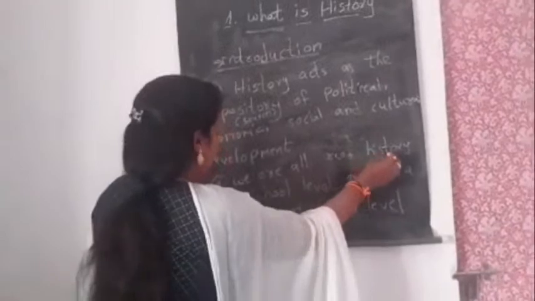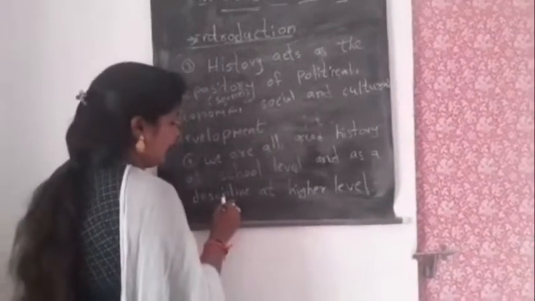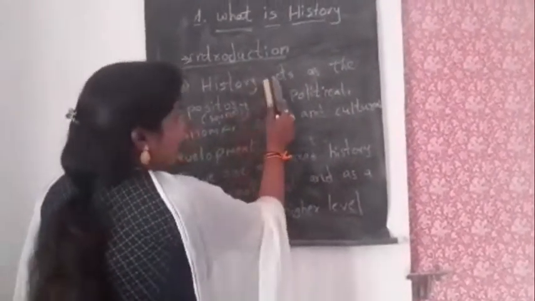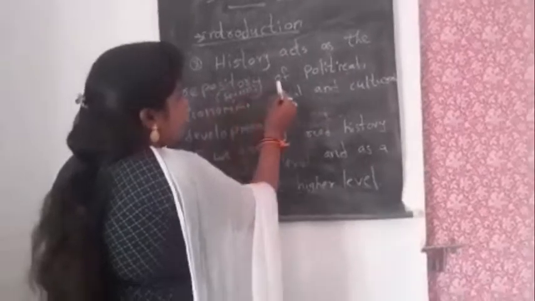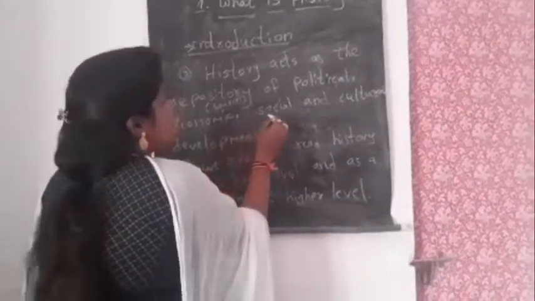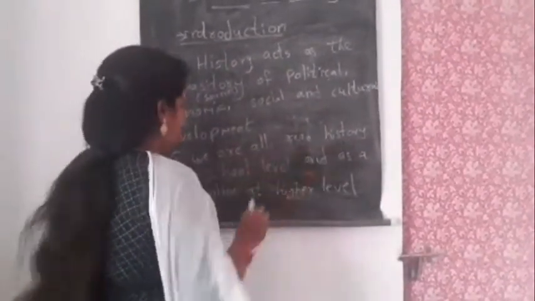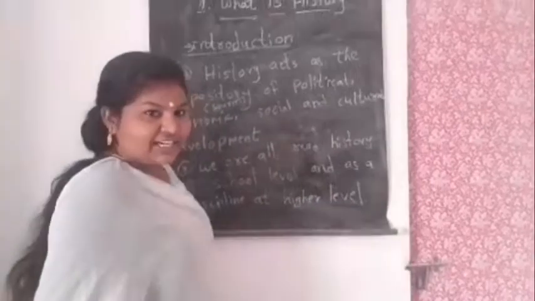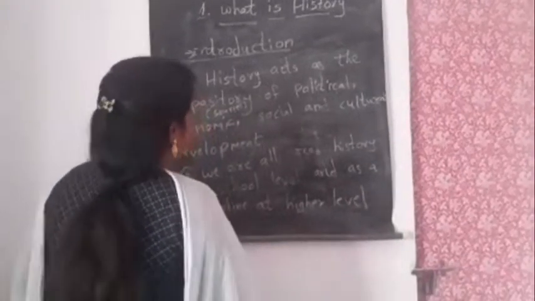We all read history at school level and as a discipline at higher level. Third point, history acts as the repository of political, economic, social, and cultural development. Fourth point, we all read history at school level, social studies, and as a discipline at a higher level.